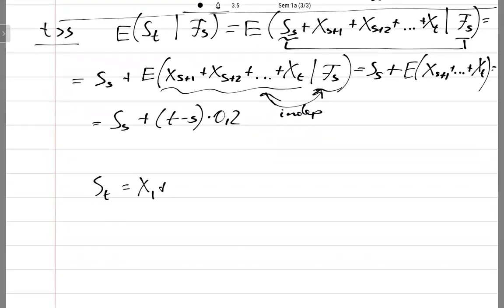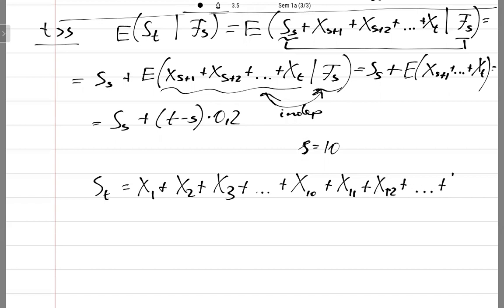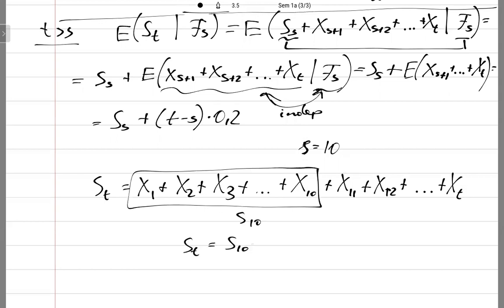St is x1 plus x2 plus x3 plus ... Let's say s is 10. x11 plus x12 plus ... xt, and this is S10. So St is just S10 plus new terms. Yeah, it's fine. Thanks.